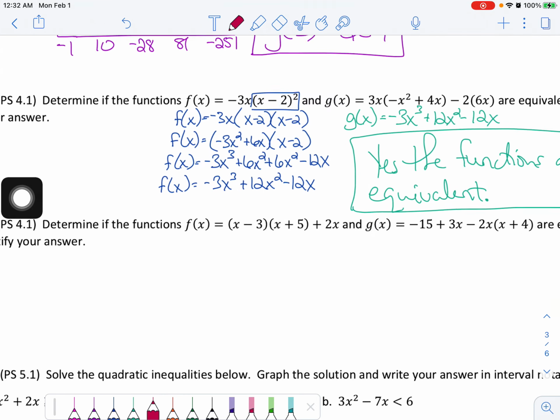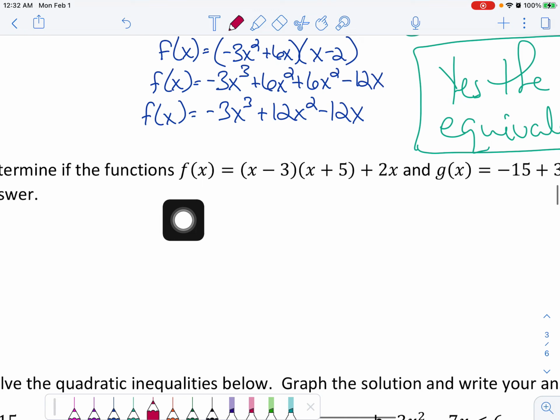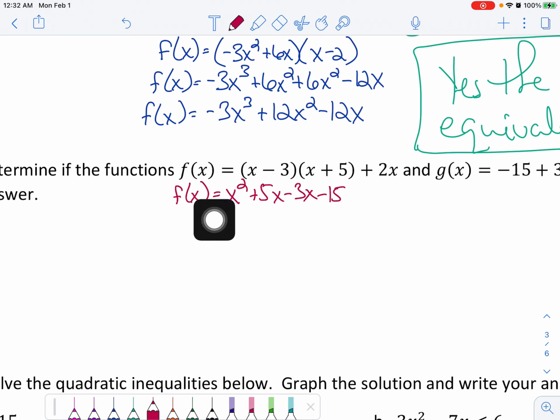Question number 9 is the same kind of question. We need to multiply out f of x. So I'm going to multiply out these two. So let's see what we get here. It's going to be x squared plus 5x minus 3x minus 15. And then this plus 2x at the end, it's not part of the multiplication, but I will need to include it when I combine like terms.